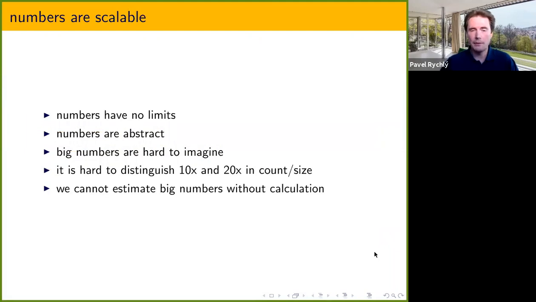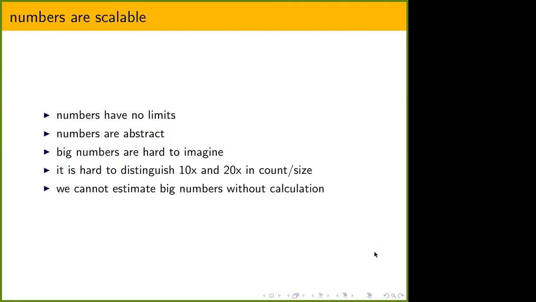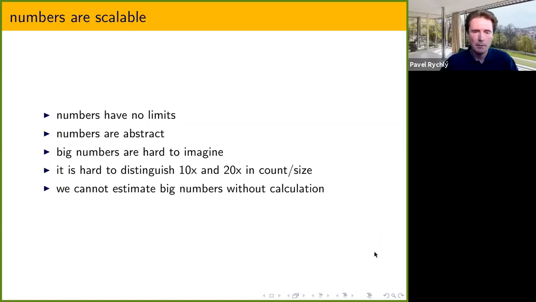Okay, so now the scalability of math. Basically, numbers have no limits. Numbers are scalable, somehow from the definition. But numbers are abstract things, and big numbers are hard to imagine. We usually have some idea what is 2 pieces and 10 pieces, but it is very hard to imagine, for example, 100 or 200 pieces without some counting.